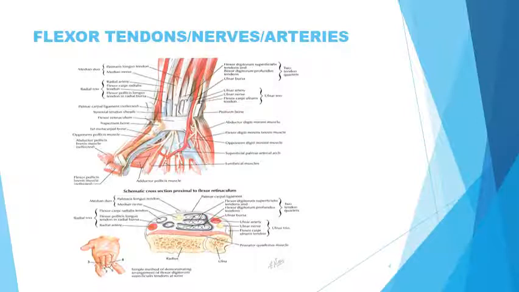Some of them insert without going through the carpal tunnel or underneath the flexor retinaculum, like pronator teres, flexor carpi radialis, palmaris longus, and flexor carpi ulnaris. They are predominantly the flexors of the wrist, which can also get injured or cut.